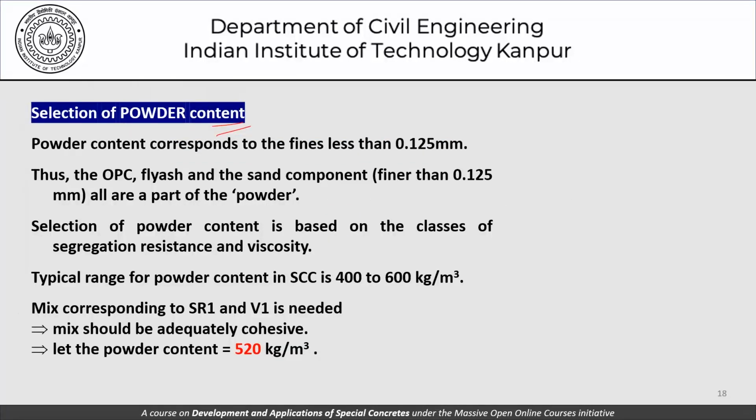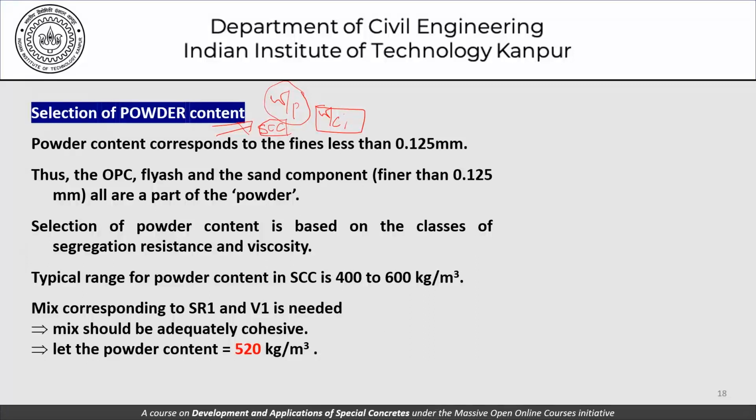Now this is something which is a very unique step as far as the proportioning of self-compacting concretes is concerned, because water to powder ratio is an important player in the whole game, other than simply the water cement ratio or the water cementitious material ratio that we always talked about from the strength perspective.